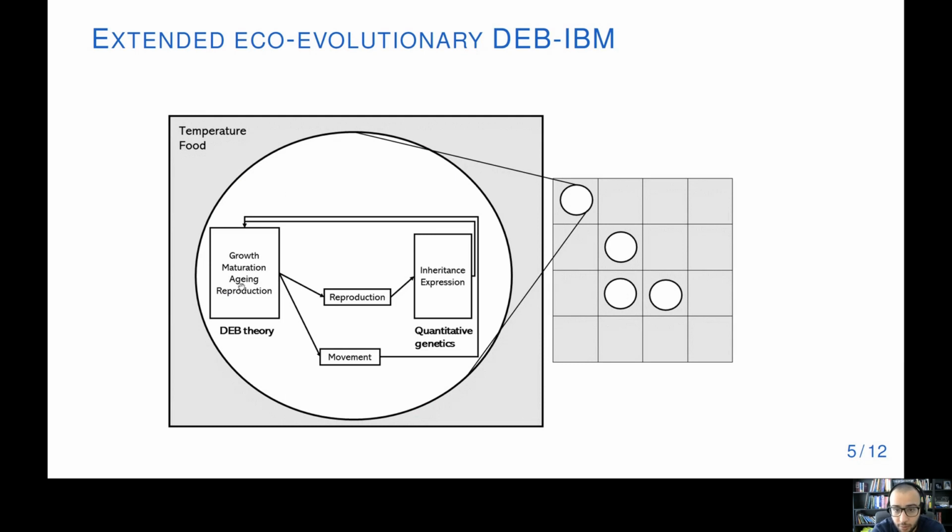So we have the dynamic energy budget model that governs the organism's energy budget in function of temperature and food, which results then in the expression of its life history, which is then extrapolated towards the population dynamics in the IBM, in the individual-based model, by explicitly keeping track of important events such as births and deaths.